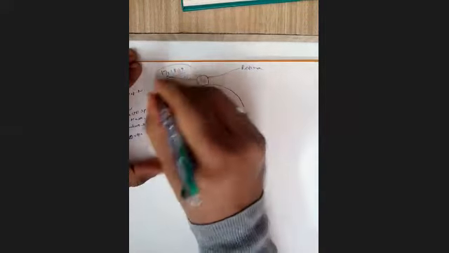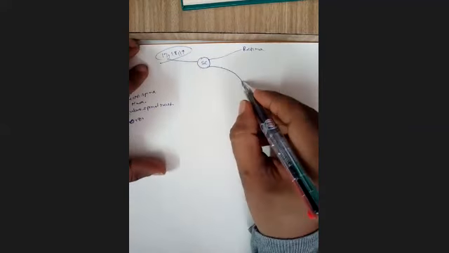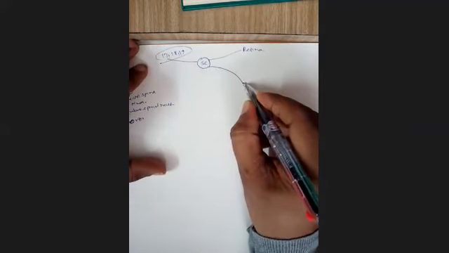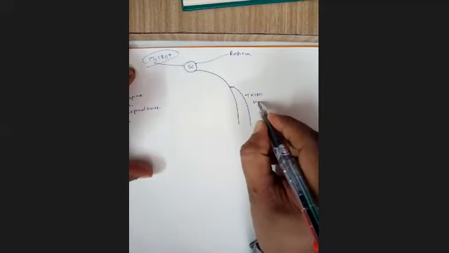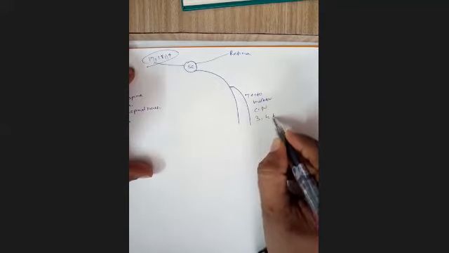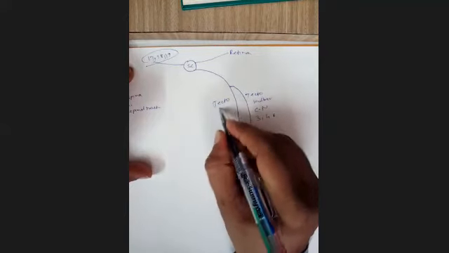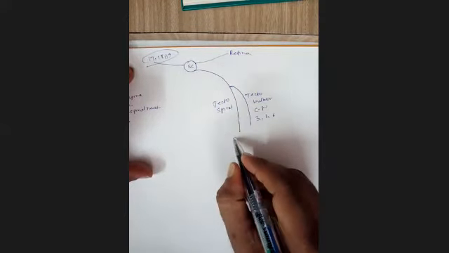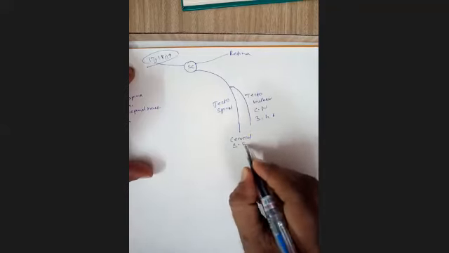This tectospinal tract goes down and splits into tectobulbar, which will go to cranial nerve nuclei 3, 4, and 6, and tectospinal proper, which will end in the cervical spinal cord, that is the neck.